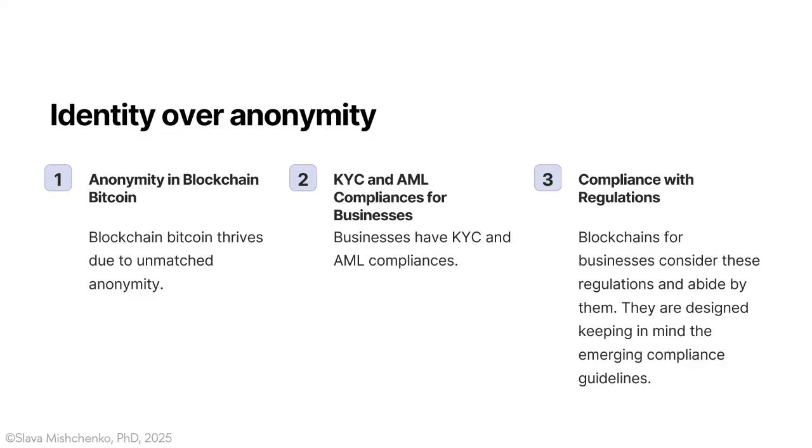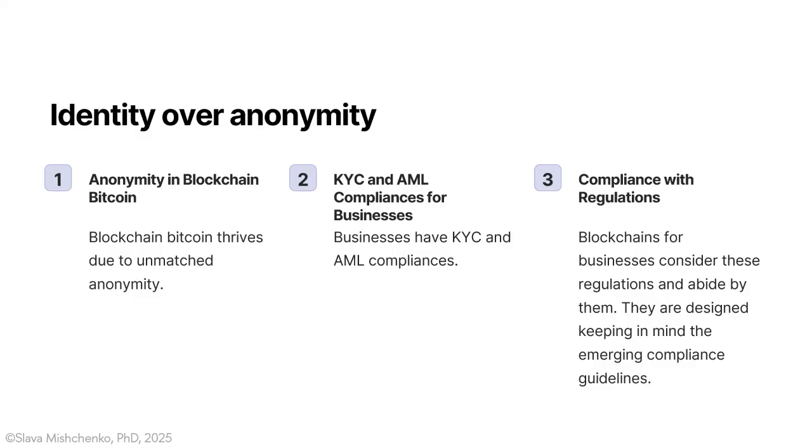First, Bitcoin's blockchain thrives on anonymity. That's a fundamental part of its design. But, and this is crucial, businesses operate in a regulated environment where know your customer, or KYC, and anti-money laundering, or AML, compliance are non-negotiable requirements. And here's what I find particularly interesting.